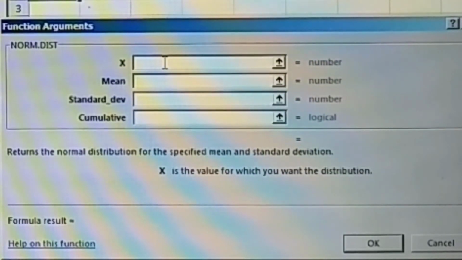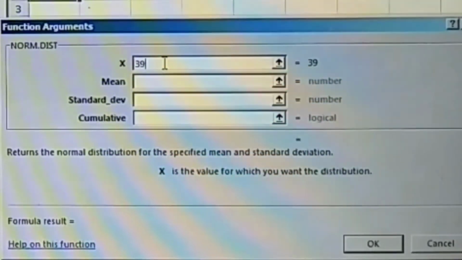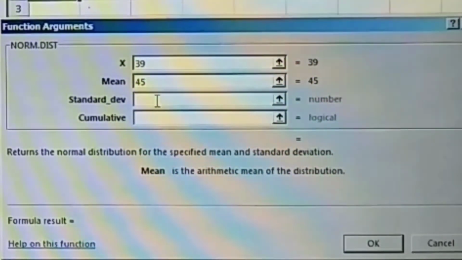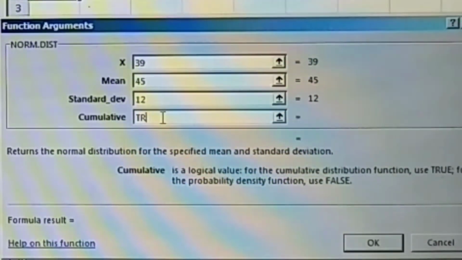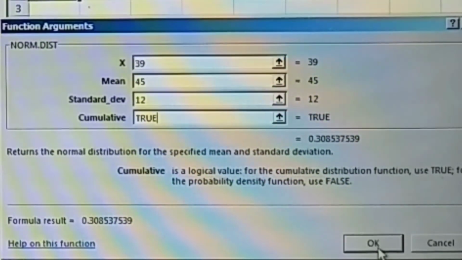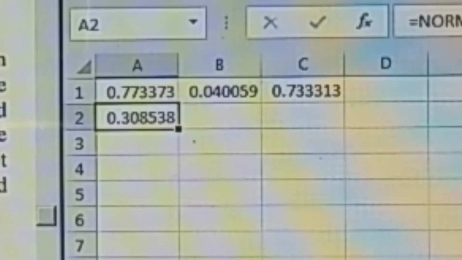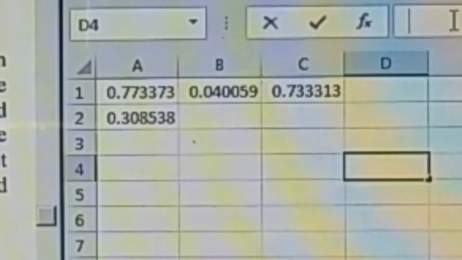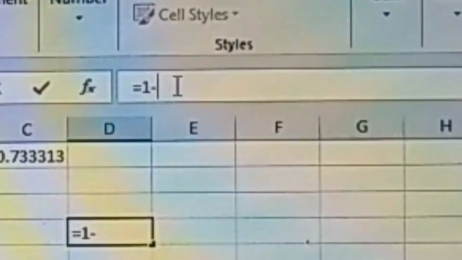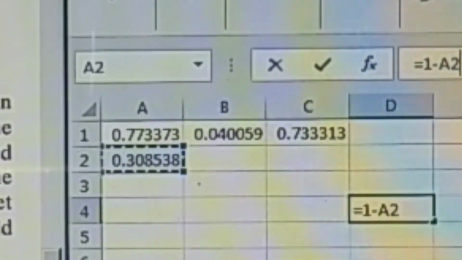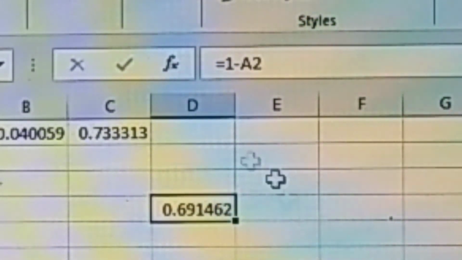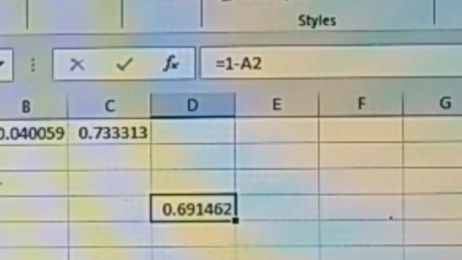For x we type in 39, mean is 45, standard deviation 12, and for the cumulative we type true. So we press OK, and then after that let us do equals, then 1 minus, and then we pick our answer earlier, and then we press enter. So this gives you the probability that x is greater than 39.